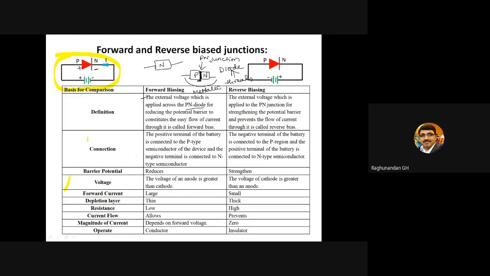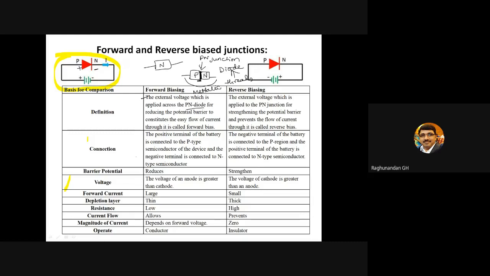Magnitude of the current depends upon the forward voltage, what kind of voltage you are applying. Magnitude means the value, how much quantity you have.